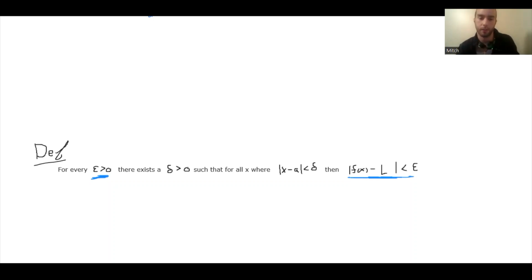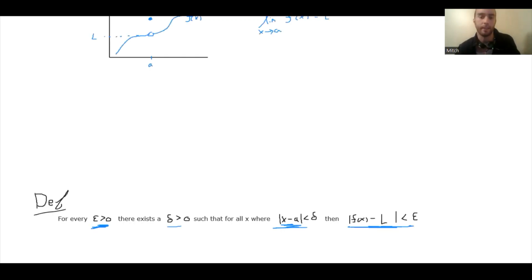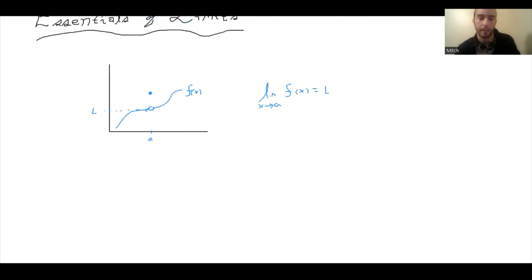So there exists a delta, which means that as x is within a certain distance from a, as x is really close to a, then this can be any distance you want. You can say that the values of this function is any distance, and that's what makes it the limit, because as it gets so close, it's approaching. It has that infinitesimal distance from that thing that it's approaching.